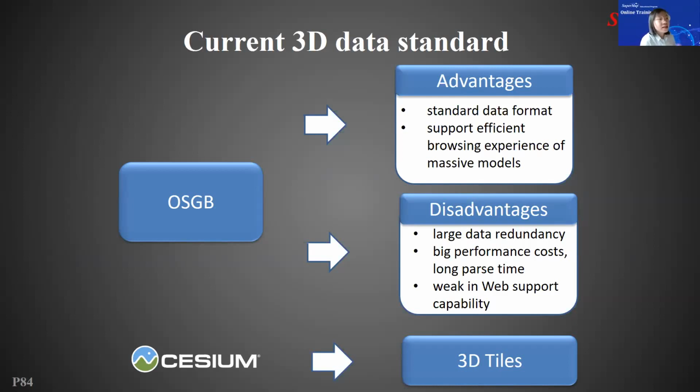It has low rendering performance for big data, and it costs a long time to parse the model. It also cannot be displayed on the web platform. So if you want to visualize 3D models on the web, you have to use 3D Tiles, which is developed based on Cesium.